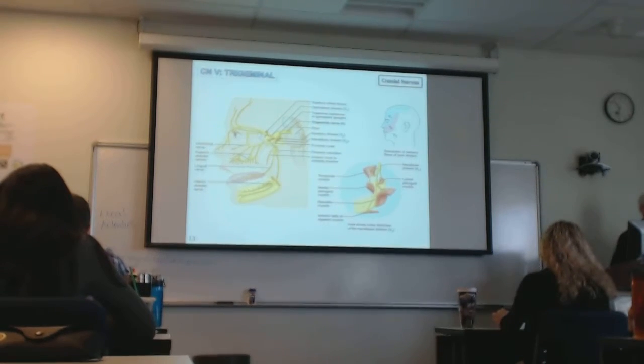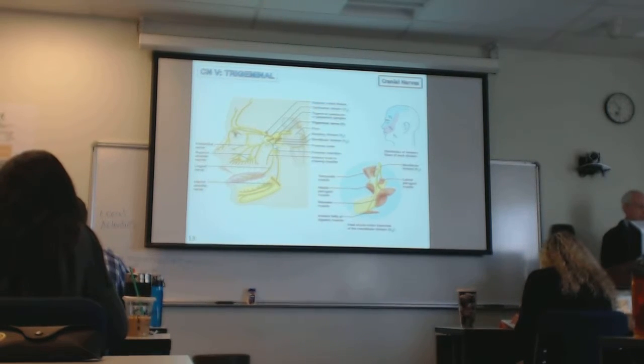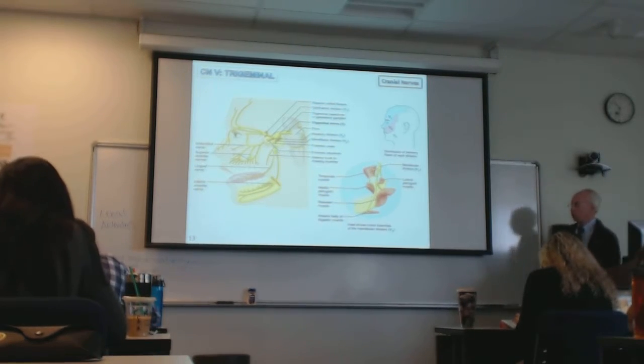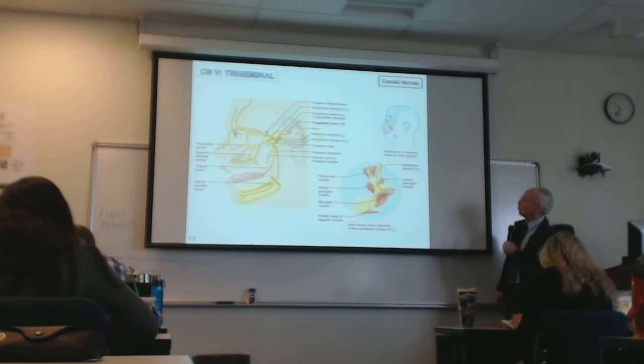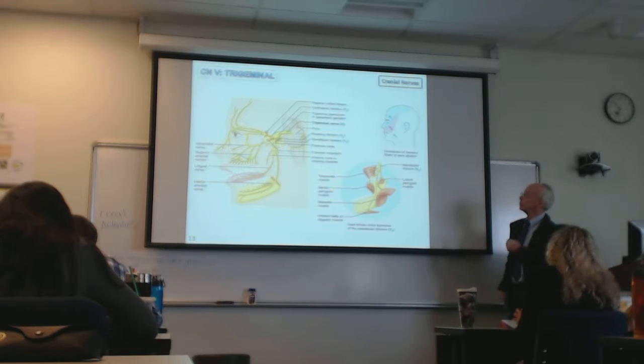So you can sort of see the 3 branches. We talked about how they leave the skull. Make sure you know that. We talked about, for example, the foramen ovale, foramen rotundum. And over in the top right, something we don't need to worry too much about now because you're going to need to know it in the next steps, not so much on this one.